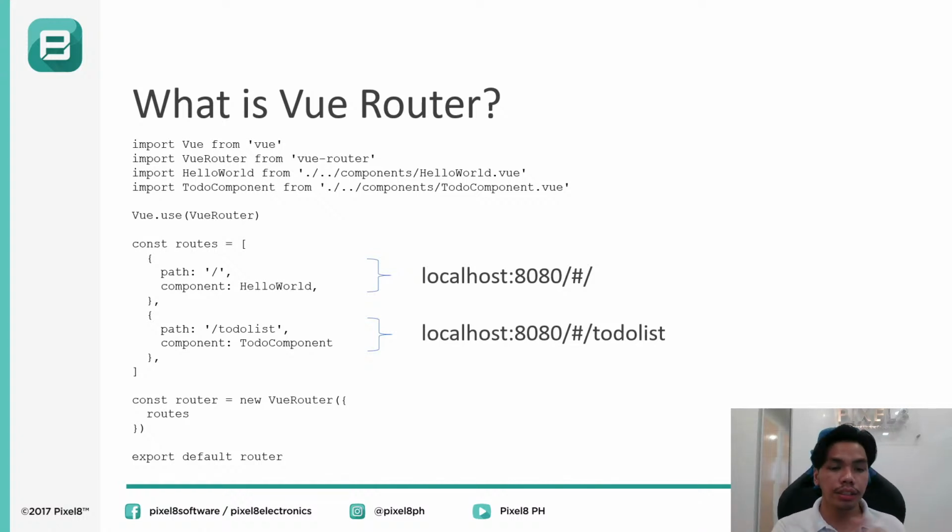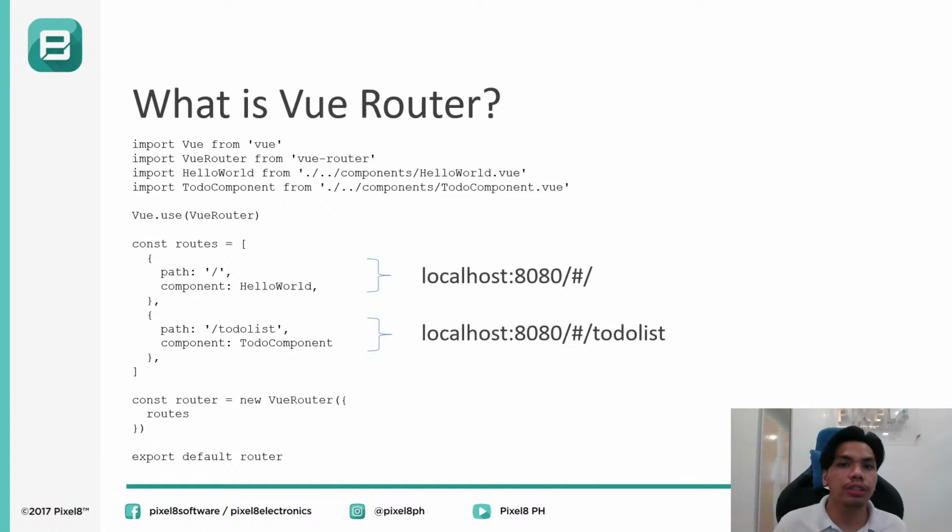As you can see in our routes here, we have a route that resolves to the slash, meaning the root route. If you just type the domain itself and then the hashtag, it's going to render the component hello world.